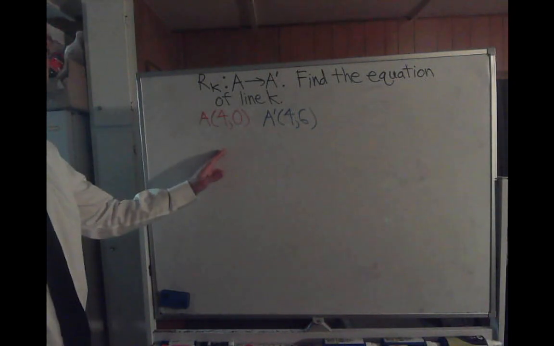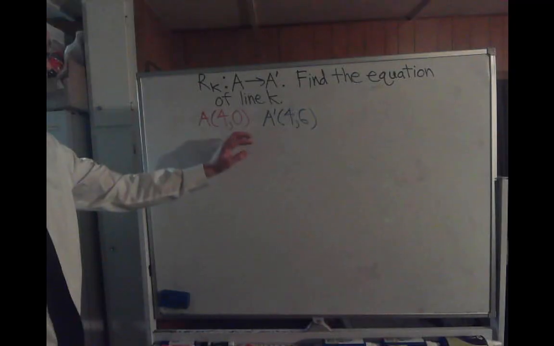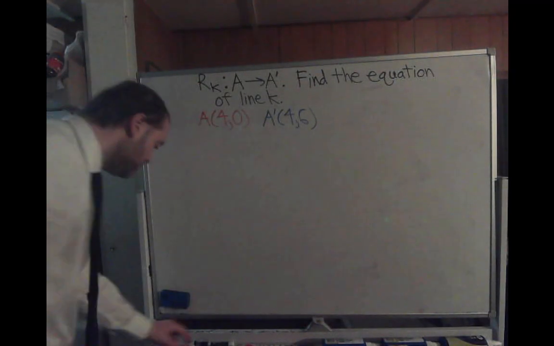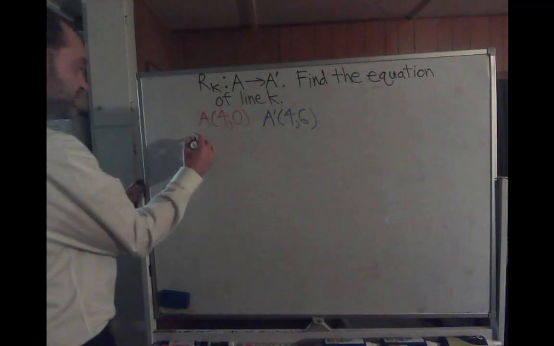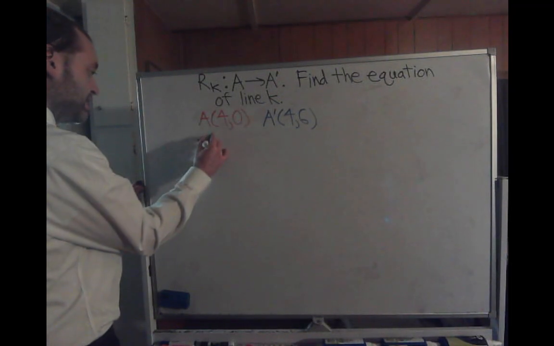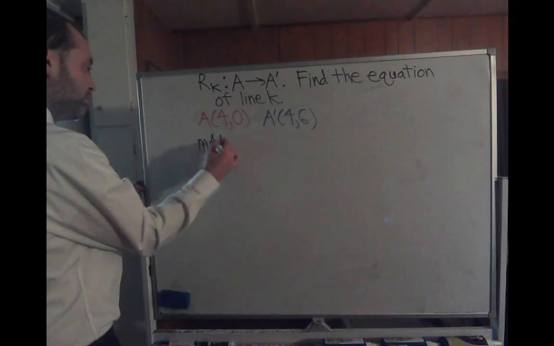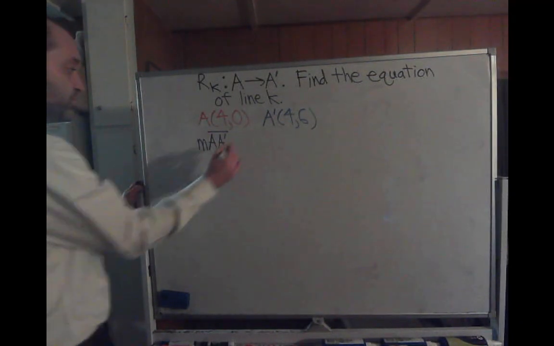So first, let's find the slope of the line segment that joins A and A prime. I should probably put a segment notation above it.